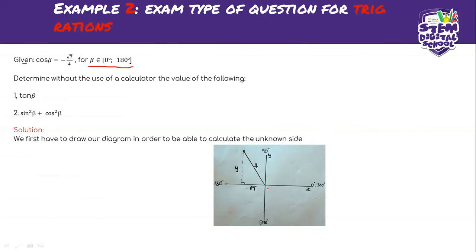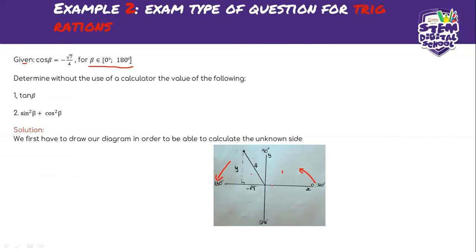The question is why? Now remember, I just explained that this restriction is from 0 degrees until 180. So we will be focusing on the first quadrant or the second quadrant.